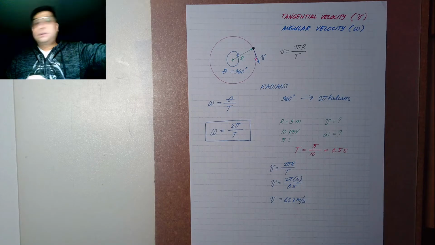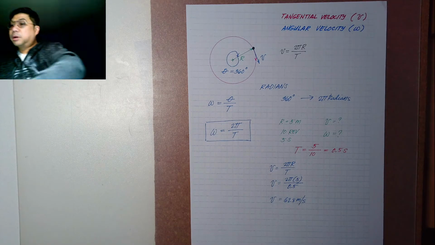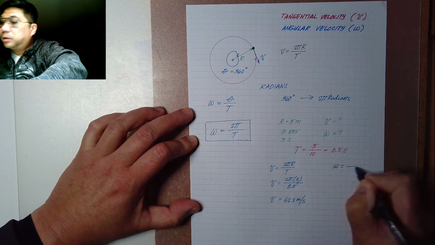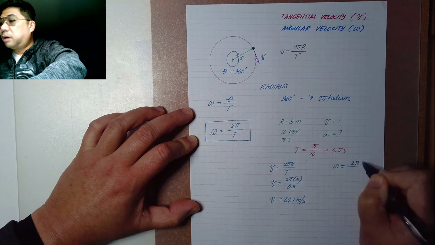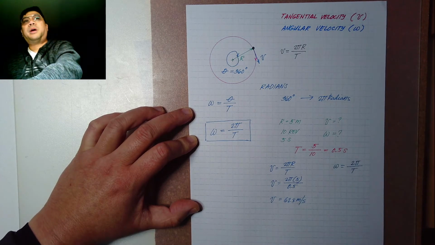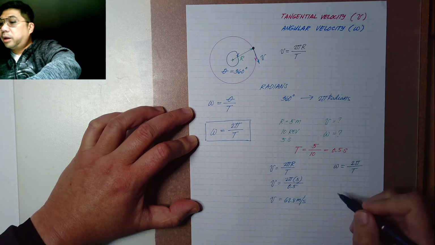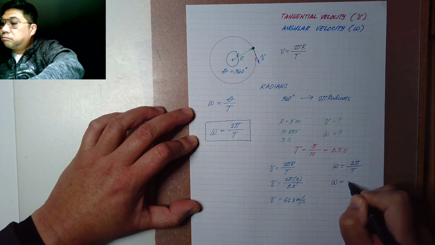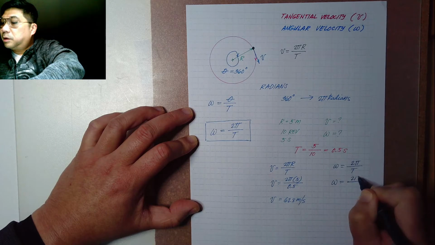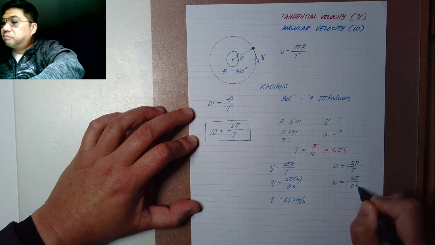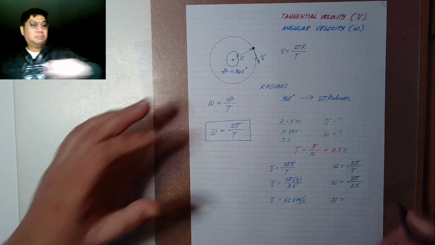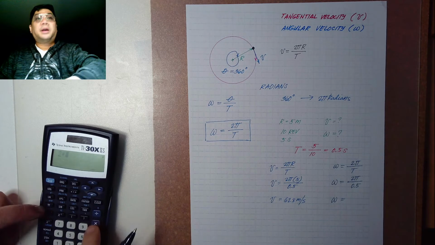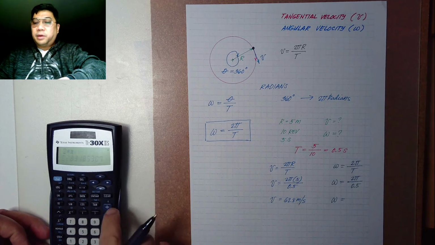Then let us solve for the next one, which is our omega, which is simply 2 pi over our period. That is 2 pi divided by the period of 0.5, and our omega is simply 2 times pi, divided by 0.5.